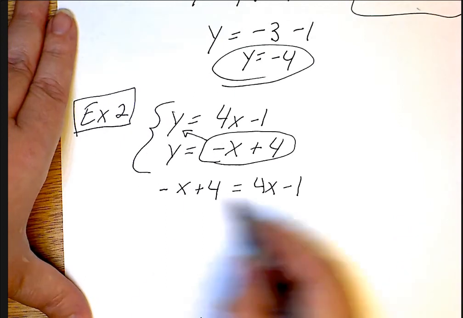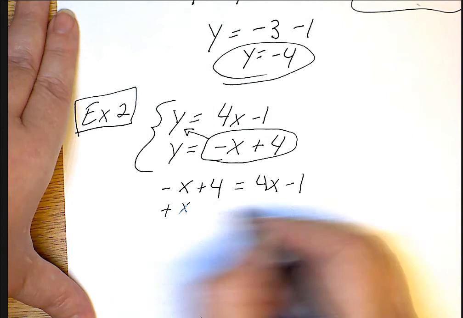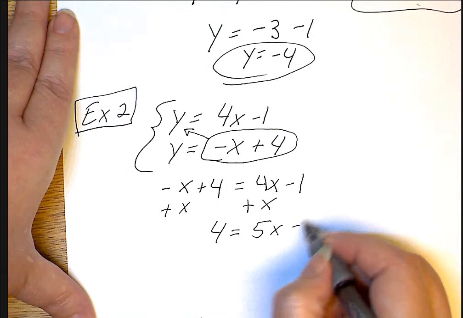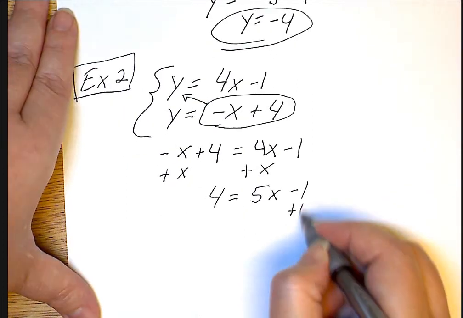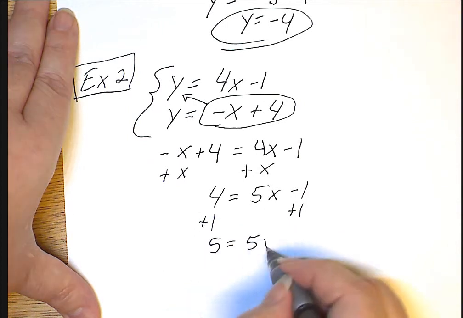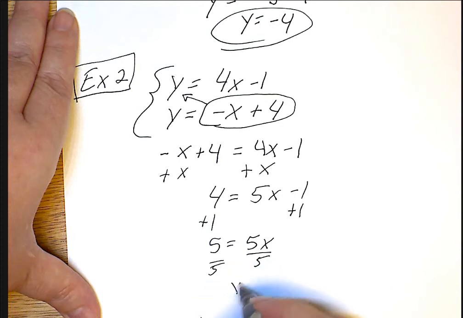Alright, then we just solve it out. So we're going to add x to both sides. So we have 4 is equal to 5x minus 1. Add 1. So we have 5 is equal to 5x. Divide by 5. X is equal to 1.